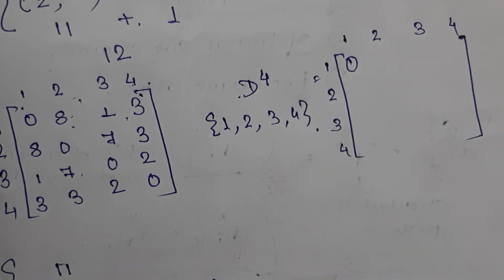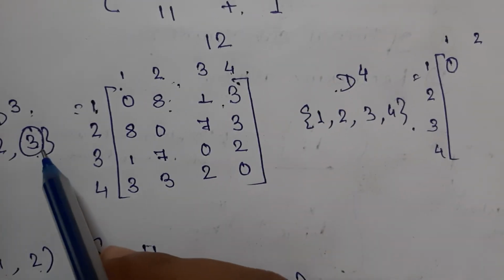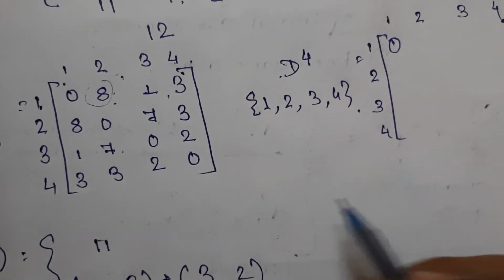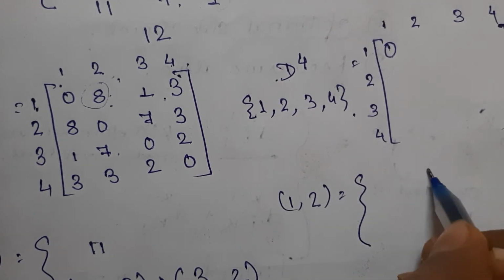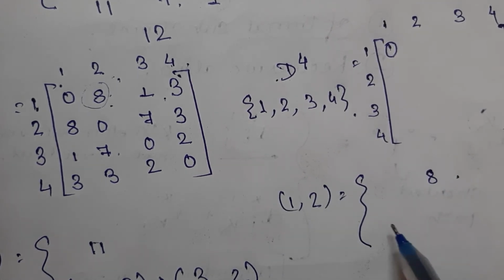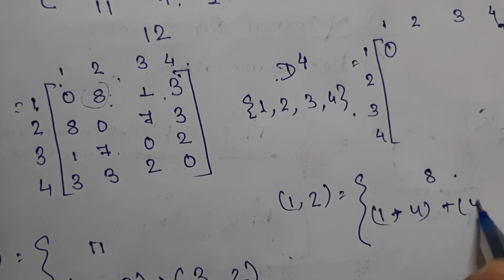Now 1 to 2. Up till when we had included the third vertex, the minimum was 8. Now if I include 4, means 1 to 4 and 4 to 2. Let us check if there is any change.